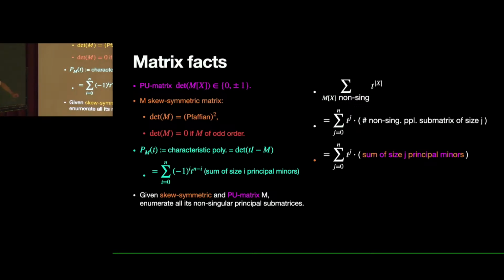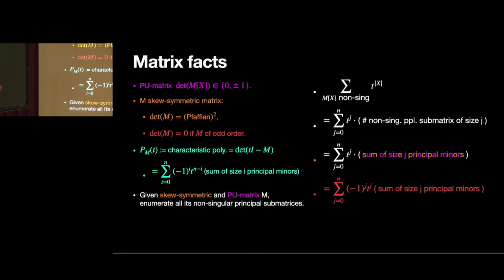But I can use my light orange and purple facts to notice that because the determinant is the square of the Pfaffian, the determinant must be either 0 or 1. So I can get the number of non-singular submatrices just by adding up the determinants.